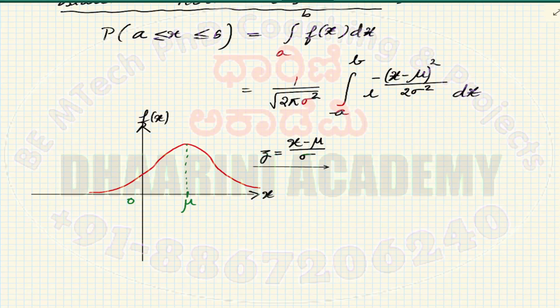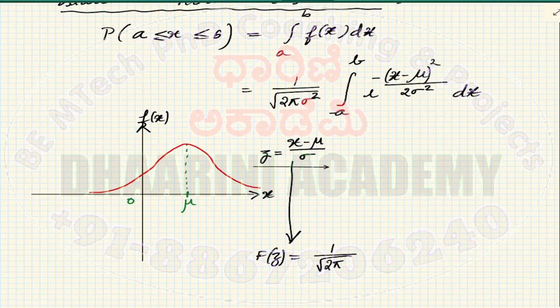If you do that change, I will skip the mathematics part, the calculation. I directly get the same probability represented in the following format. I'll call this f of z. If you make this substitution, I'm going to get f of z in the following format: it is 1 over root of 2 pi.